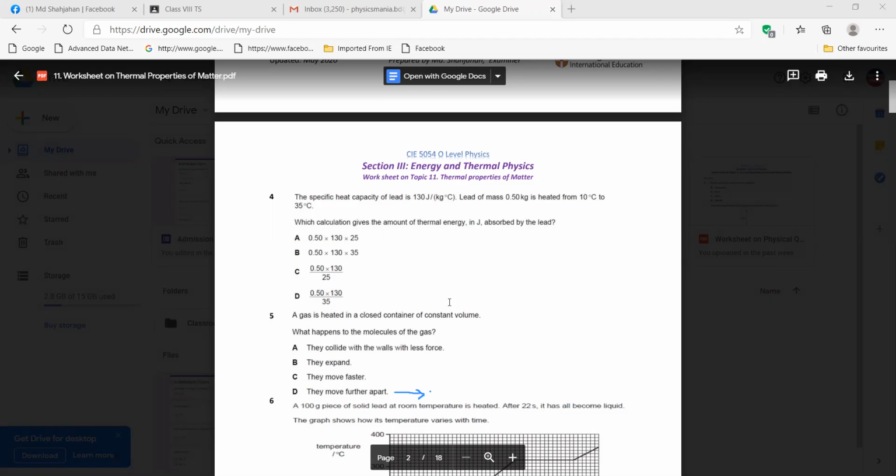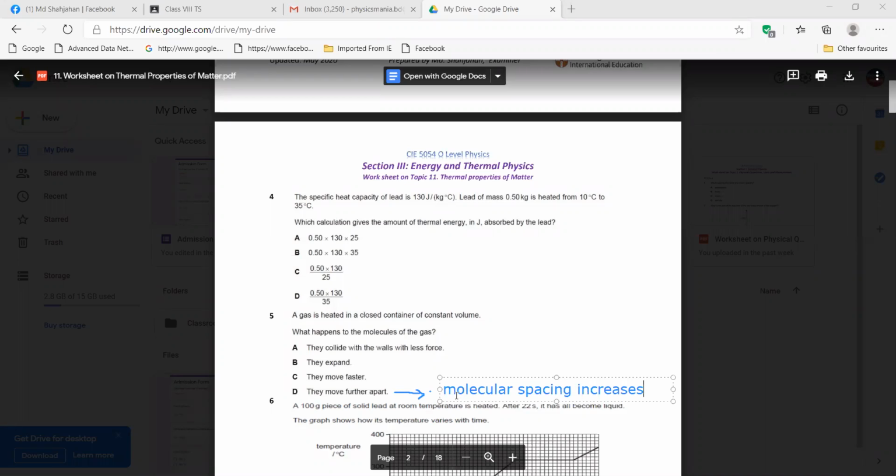Molecular spacing increases. Okay, Farabi. So question number 5 and question number 2 have a similar idea, right?